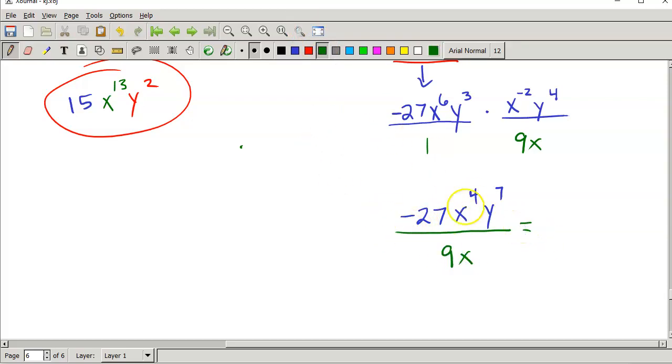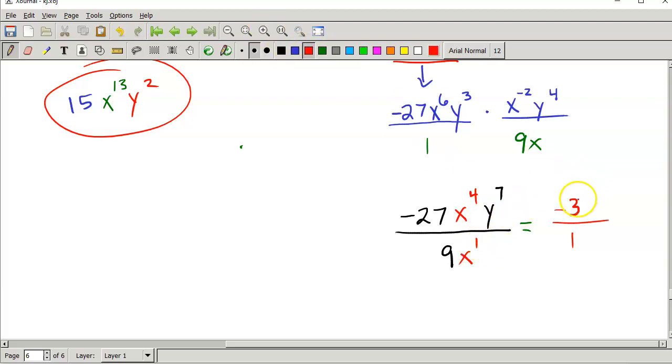So now we can reduce this down. We can reduce the numbers. So what's negative 27 divided by 9? Well, that's going to reduce down to negative 3, or negative 3 over 1. The other thing we can do is we still have those x's. So if I take the x's now and divide those out, I have x to the 4th divided by x to the 1st.